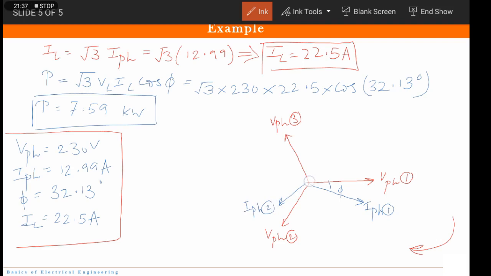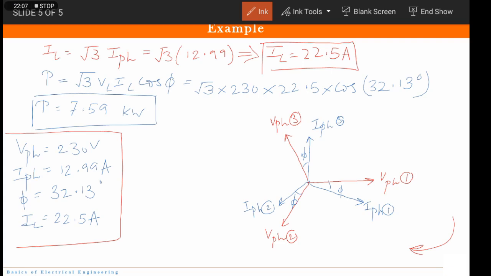And similarly, I will have phase current 3. And remember that all these angles are phi because they will have equal phase shift. Okay? Done?